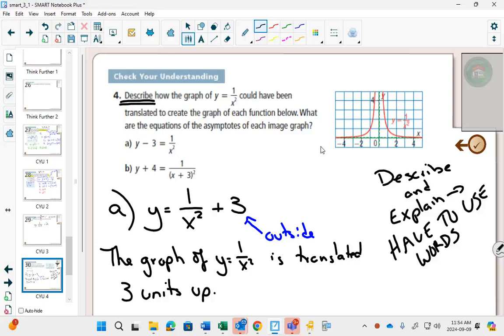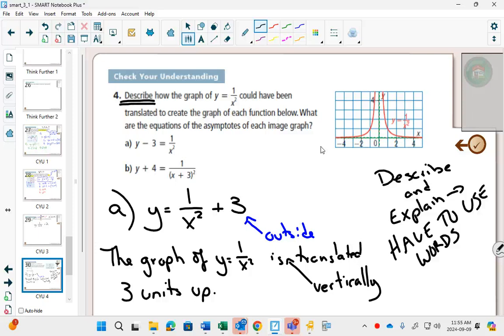Sometimes you'll see the following word added in here. We talk about things moving up and down as being vertical, left and right as being horizontal. But if you didn't have vertically translated, it's kind of implied when you use the word up. So if you didn't have vertically in there, you would still get full marks.